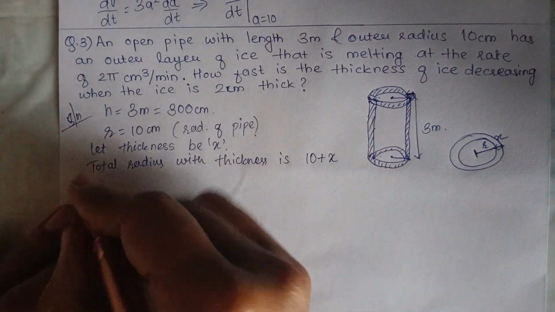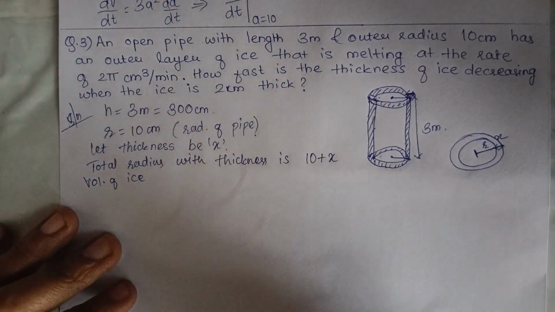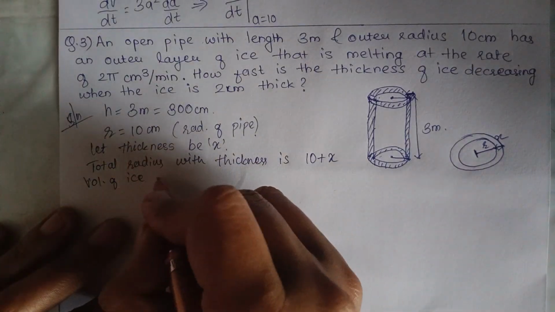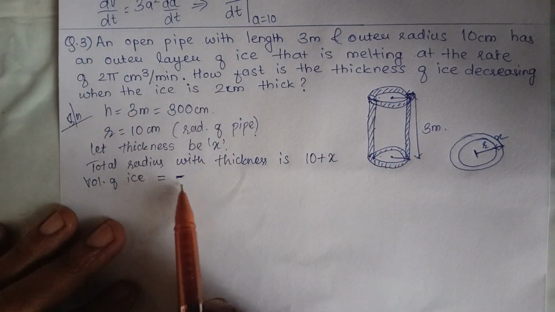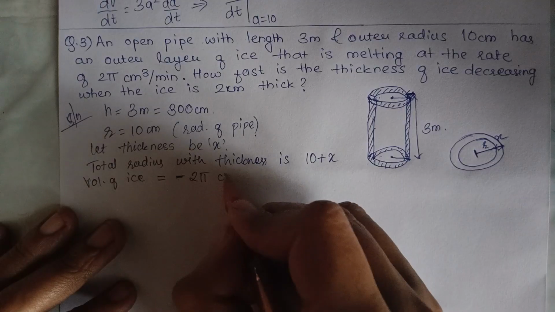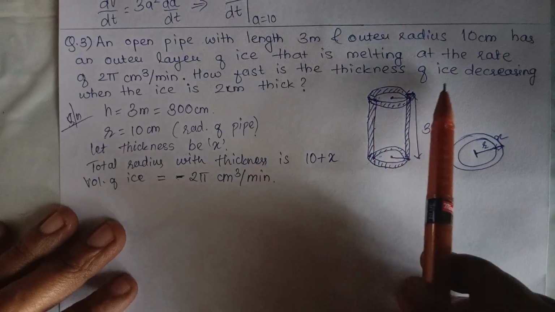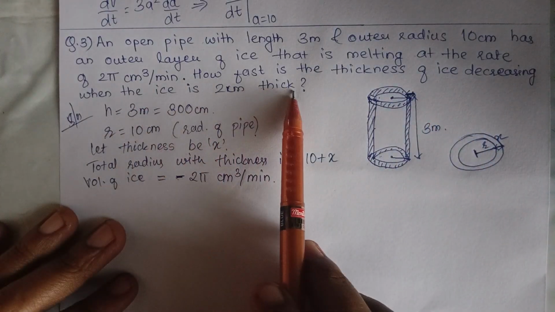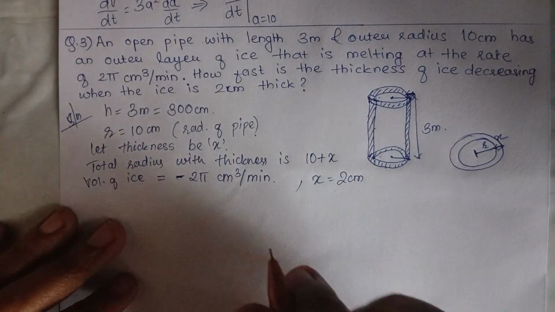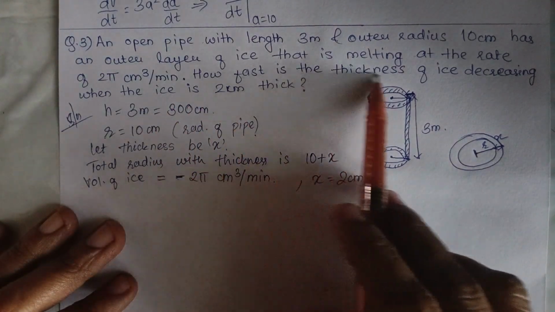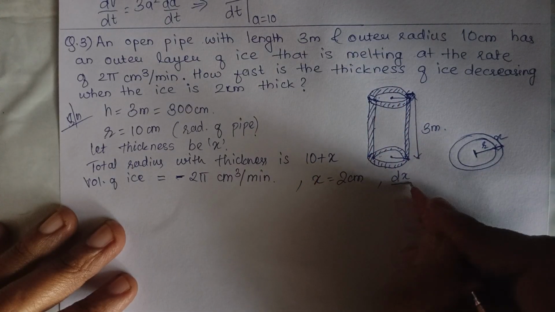So the volume of ice, that is the outer cylinder, is decreasing. Melting means decreasing, so negative sign: minus 2 pi centimeter cube per minute. They have given the x value, 2 centimeter. We have to find dx by dt.